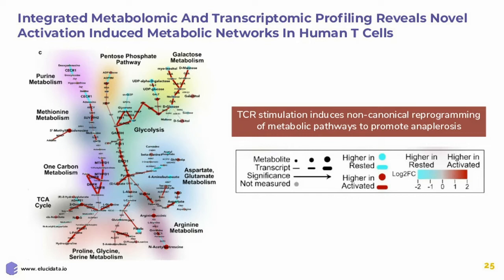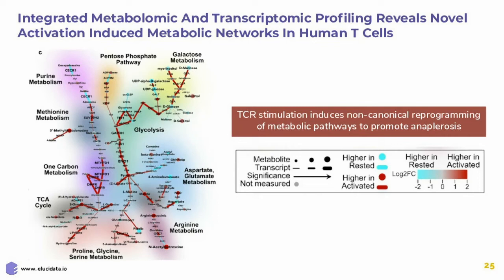And then as we follow the glucose down, it goes through classical glycolysis, getting converted to glucose 6-phosphate, all the way down to GAPDH, enolase, and pyruvate. And you can see that this entire pathway is highlighted in red, suggesting that this pathway is being upregulated upon T cell activation. But right then and there, essentially, we found there to be some really interesting thoughts.